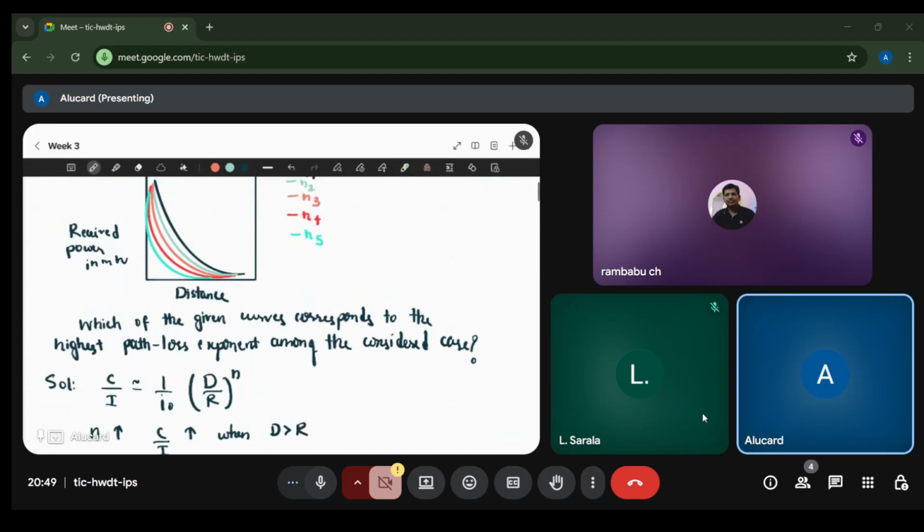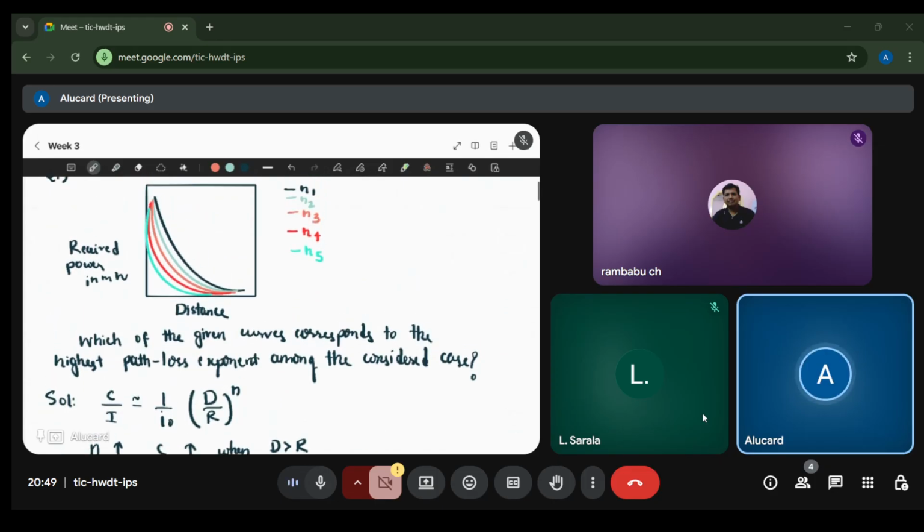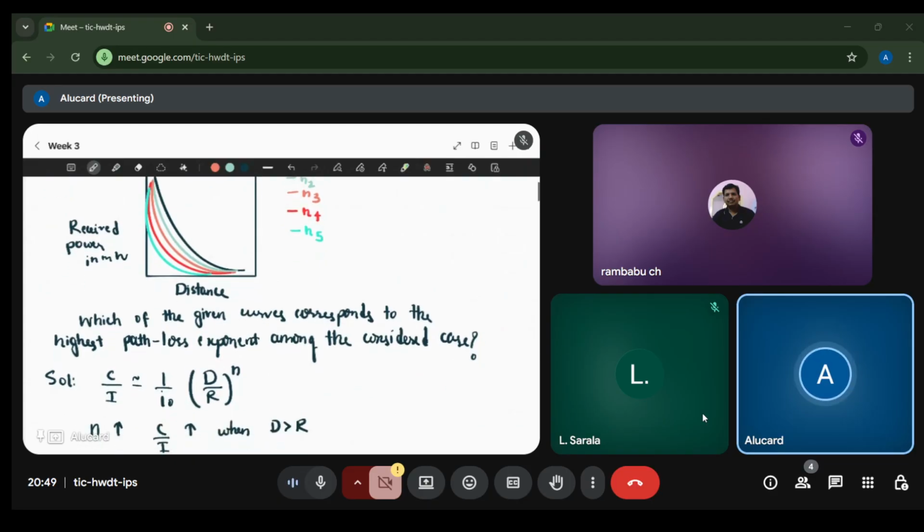So if d by r is greater than 1, then as n increases, C over I increases. If d is less than r, as n increases, C over I will decrease. So first thing you have to find out is whether d is greater than r.